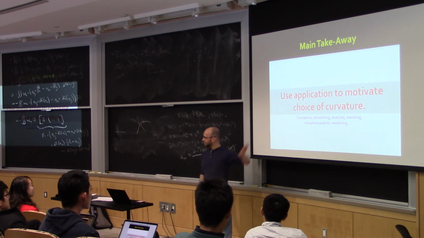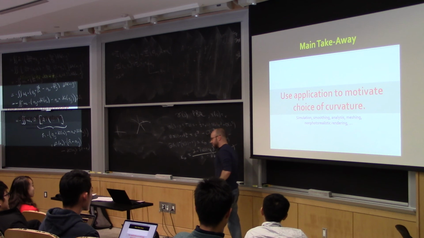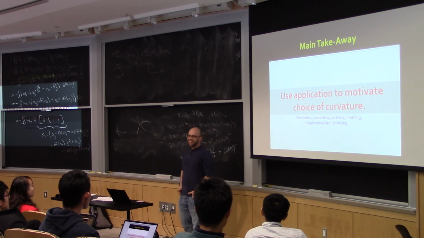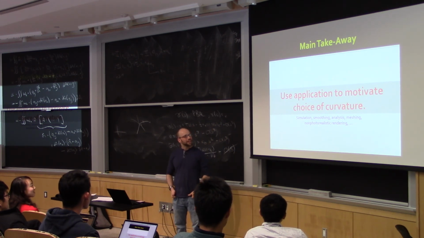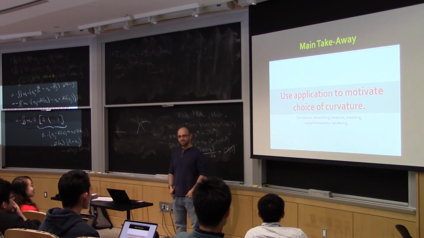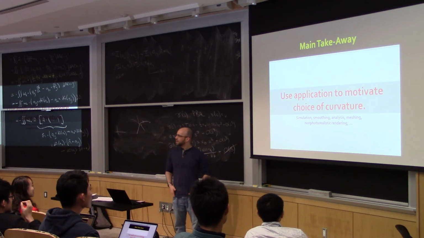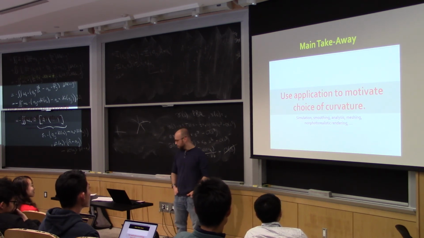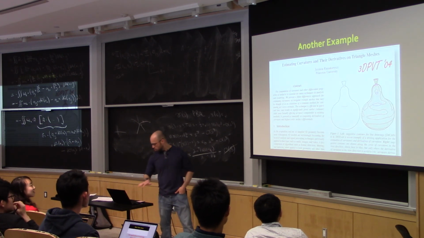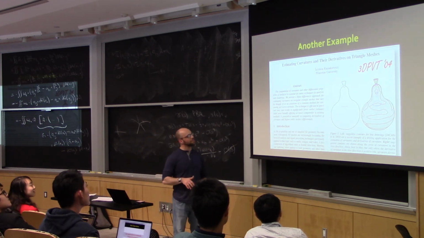By show, I mean literally show, like it'll appear on the screen in front of you, because it's a heavy one to prove. Essentially, we're not going to be able to come up with a discrete curvature that obeys all of them at the same time. This is an example of one that obeys none of them, but we'll see that there are others that are approximations that do have some nice discrete structure. Okay? So we'll start our next lecture by talking about one other kind of heuristic example.